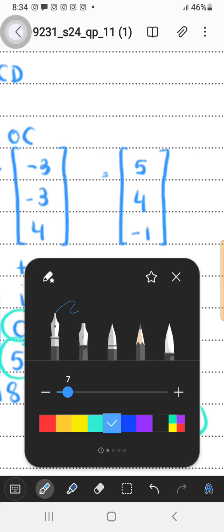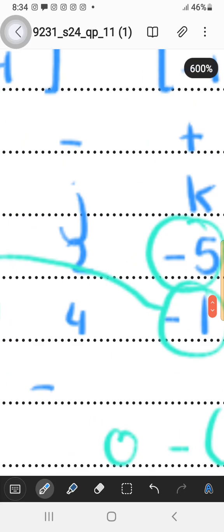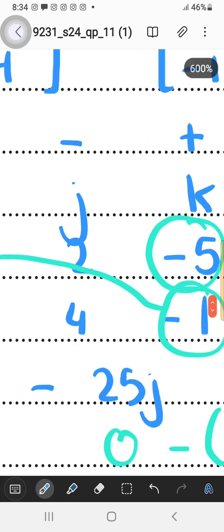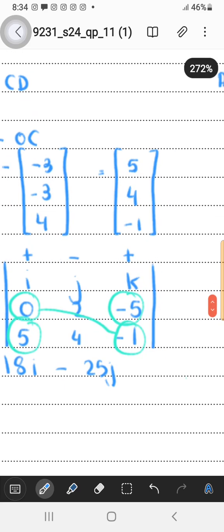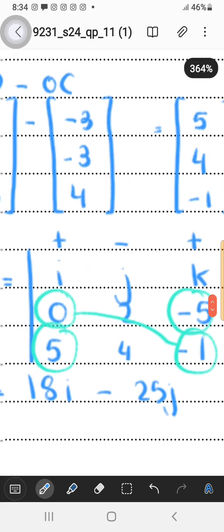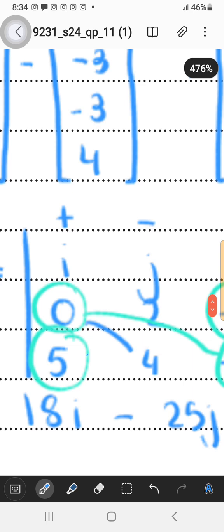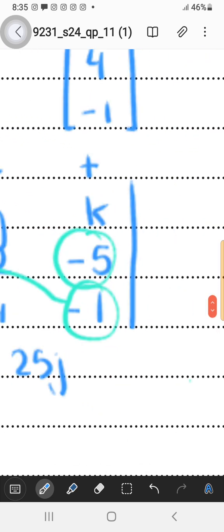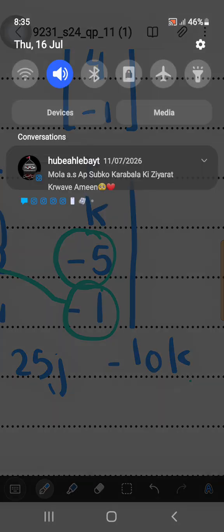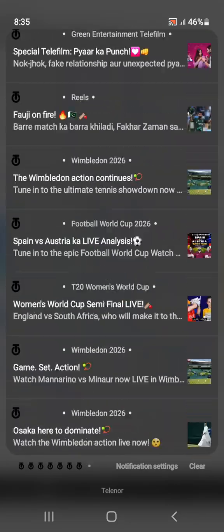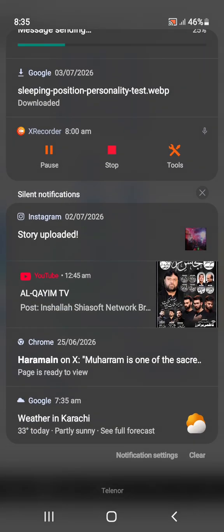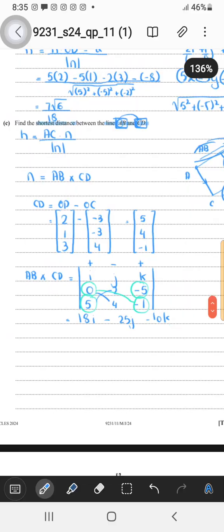So here it is minus 25J. Now we will do 0 by 4, it becomes 0. Then 5 by 2 becomes 10, so it is minus 10K.